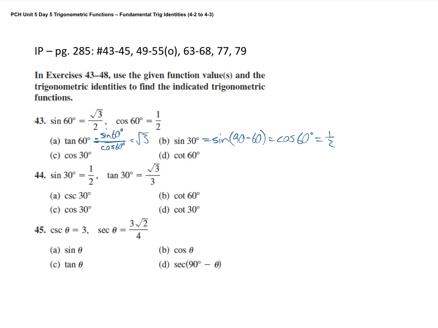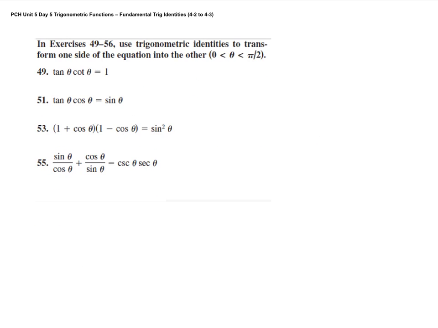Alright? Now, this is another one, it's a little less obvious what you're supposed to do, okay? So I want to do one of these here with you. Alright, check this out. You're supposed to use identities to show that the one side equals the other.